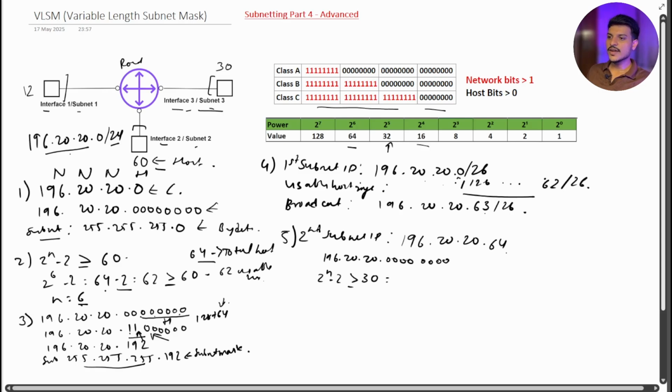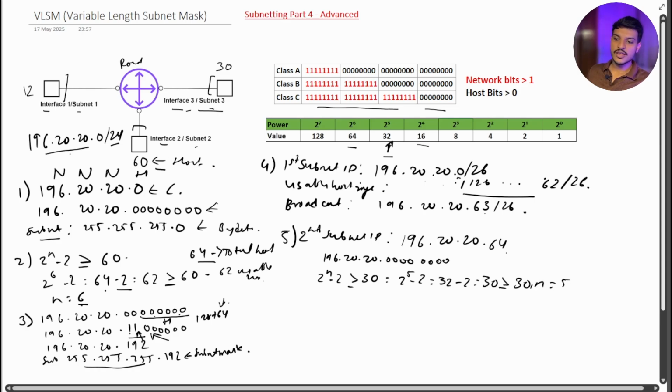If we take 2 raised to 5, it gives us 32. So 2 raised to 5 minus 2 is 32 minus 2, which gives us 30, satisfying the condition of being greater than or equal to 30. So our n value becomes 5.